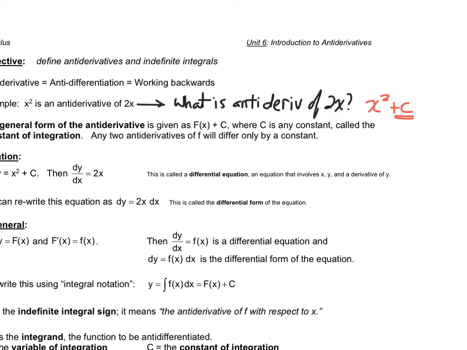All right. So the weird part, maybe unnecessarily weird part, is that antiderivative and integral, they're synonymous. So they mean the same thing, all right? At least in the early goings.